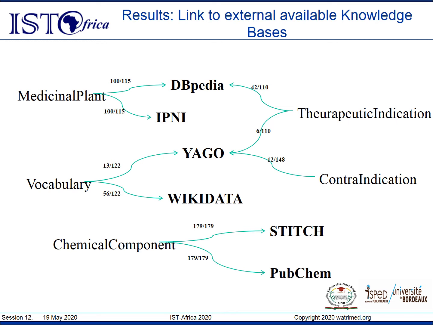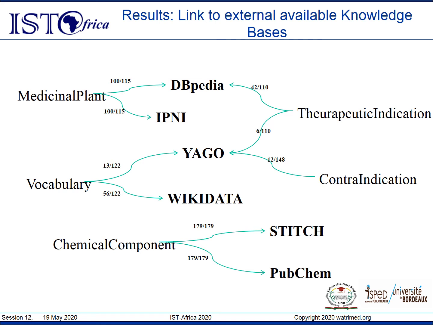For each selected external knowledge base, the relevant subcategory, called type of resource in OpenRefine, that could match with the table columns of the WatriMed plant database is identified. It could happen that a WatriMed plant database column possibly matches several subcategories of the targeted knowledge base resource.